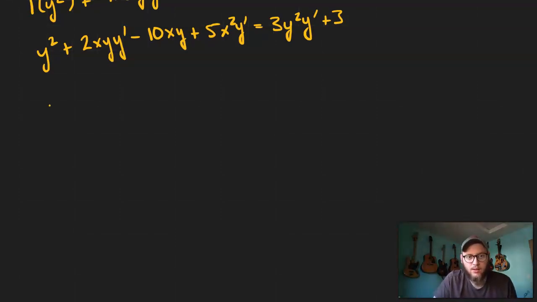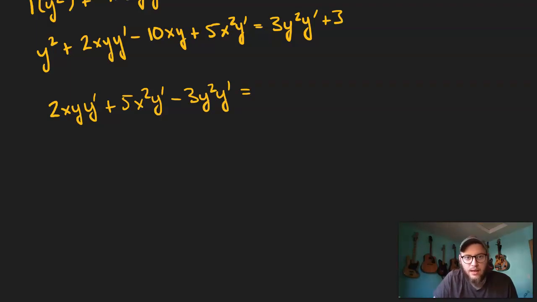So we get 2xy y prime. That's our first one. Then we get plus 5x squared y prime minus 3y squared y prime equals. So now this y squared and this have to move to the other side.